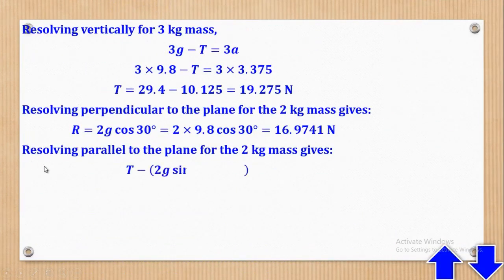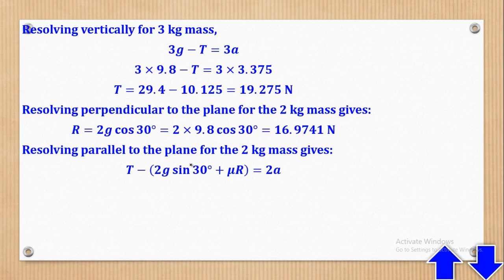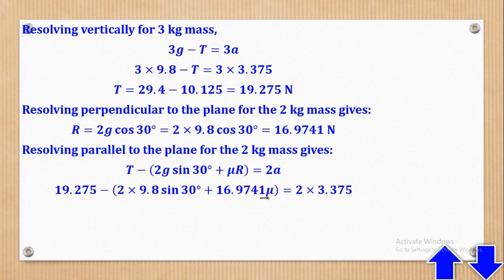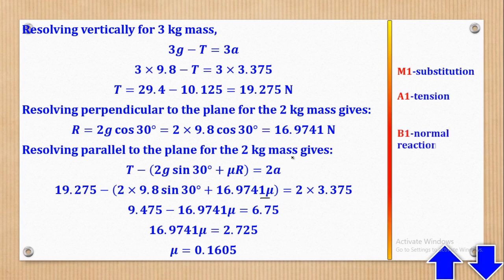So you come and write that: T minus open brackets 2g sine 30 degrees plus mu R is equal to a. The good thing is we know a and we know R, and we know g and we know T. So that means we can get mu, which is unknown. When I simplify further and make mu the subject, I come up with mu equal to 0.1605.